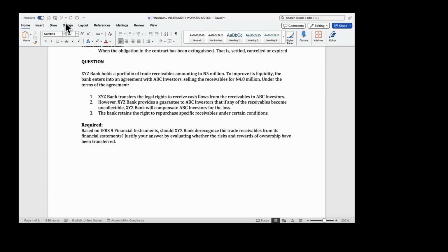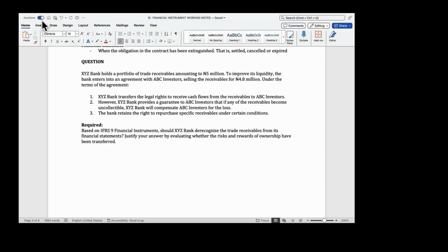Question. XYZ Bank holds a portfolio of trade receivables amounting to 5 million naira. To improve its liquidity, the bank enters into an agreement with ABC investors, selling the receivables for 4.8 million naira. Under the terms of the agreement, one, XYZ Bank transferred the legal rights to receive cash flows from the receivables to ABC investors.